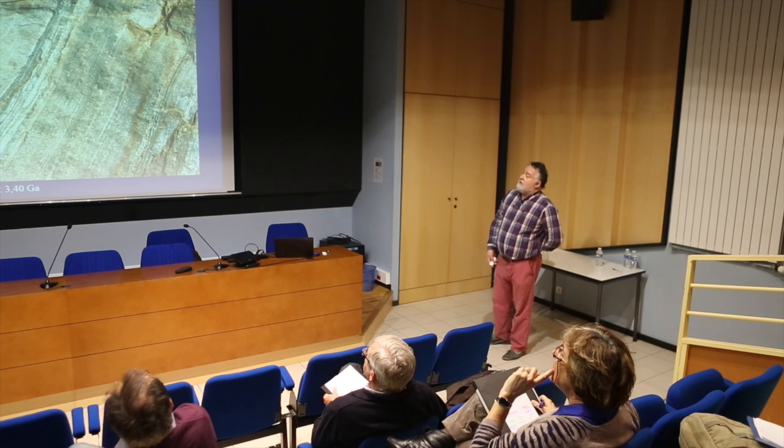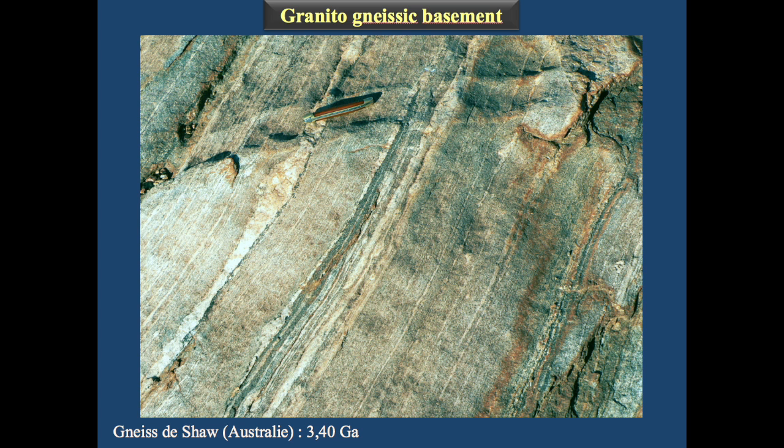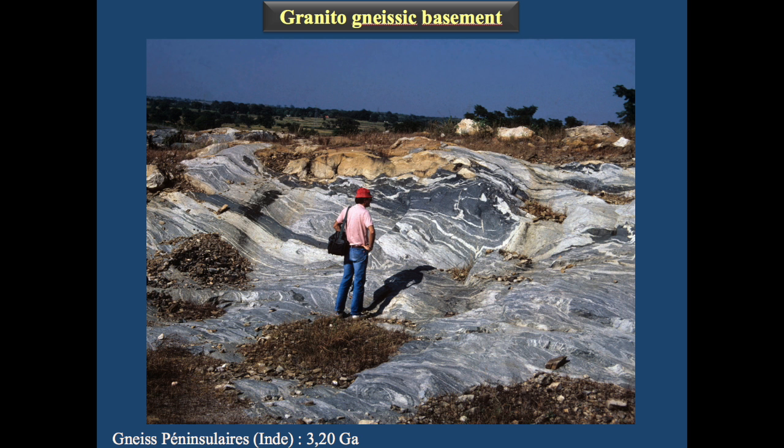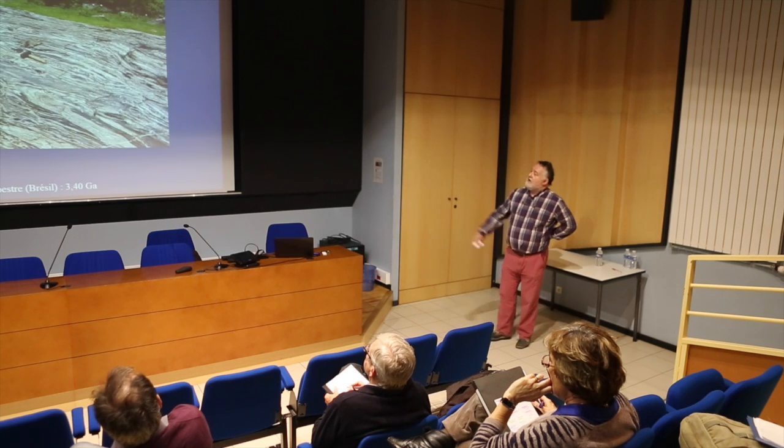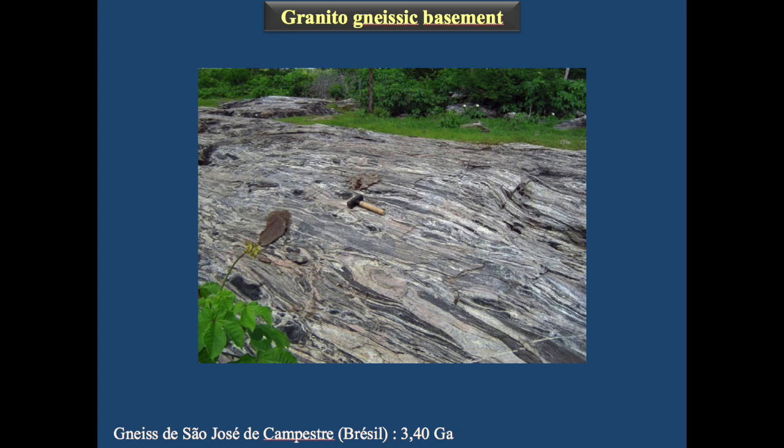The same here in a show in Australia, 3.4 billion years old. Here, more complicated outcrop, but the same pictures. We have the peninsular gneisses in South India. So grey gneisses here with a strong foliation and cut by granite and basaltic veins here in black. The same in Brazil, here.